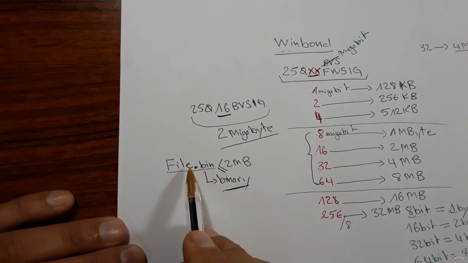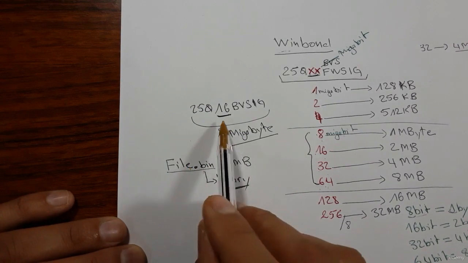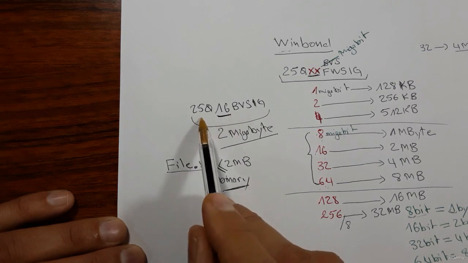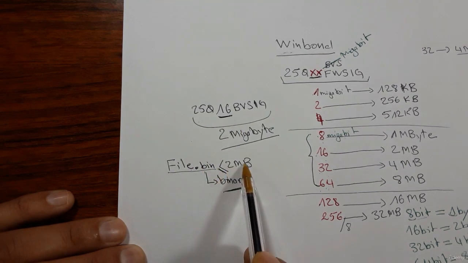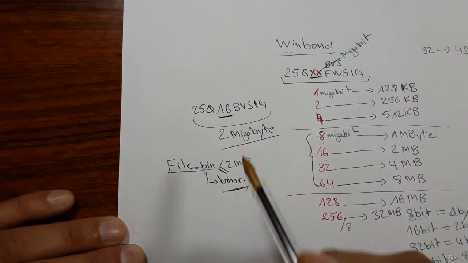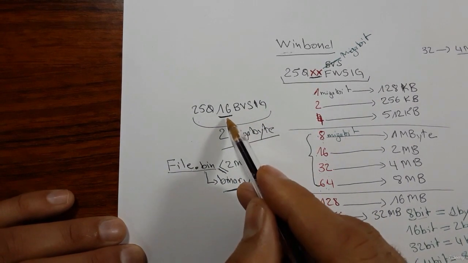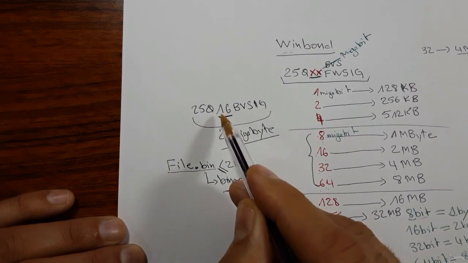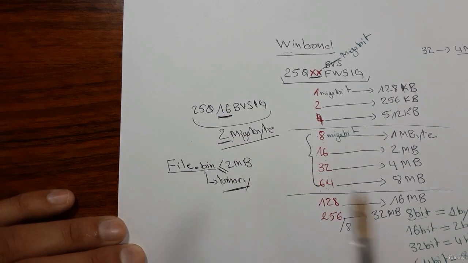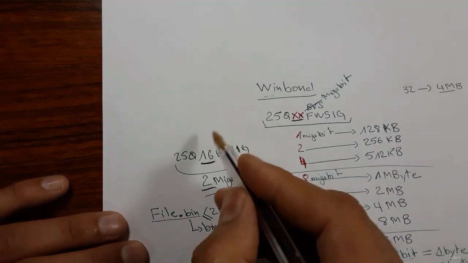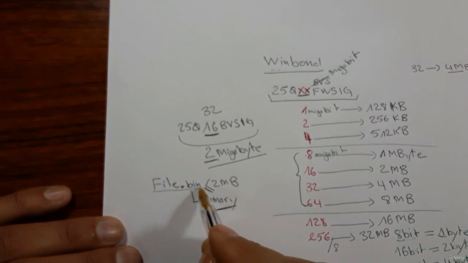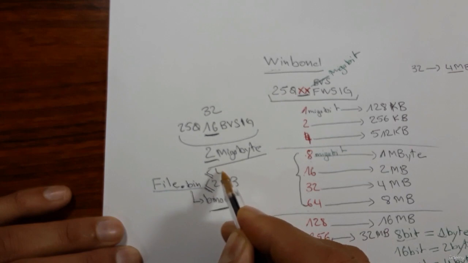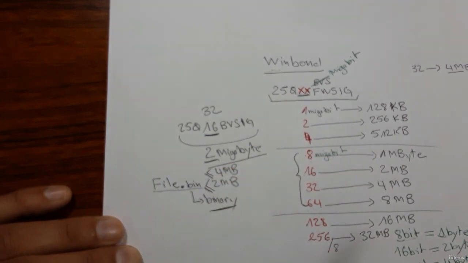The file that we want to use to flash this IC with this reference should be less than or equal to 2 megabytes. Why? Because the maximum size of this BIOS IC is 2 megabytes. The same for example with 32: here the file should be less than or equal to 4 megabytes, and so on.